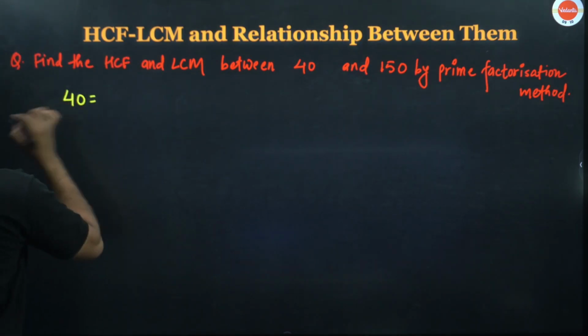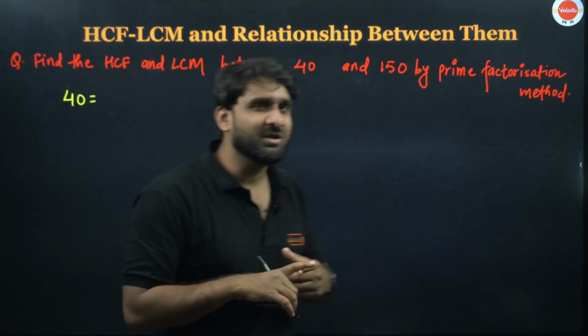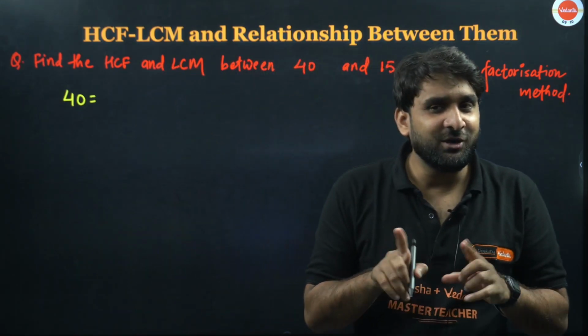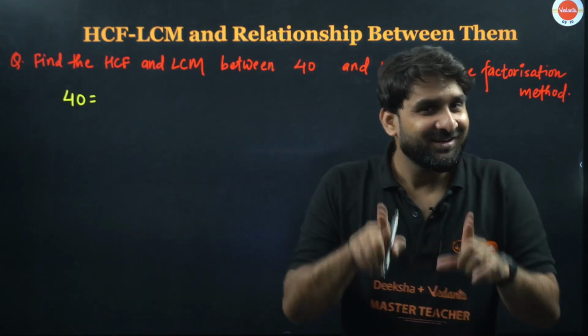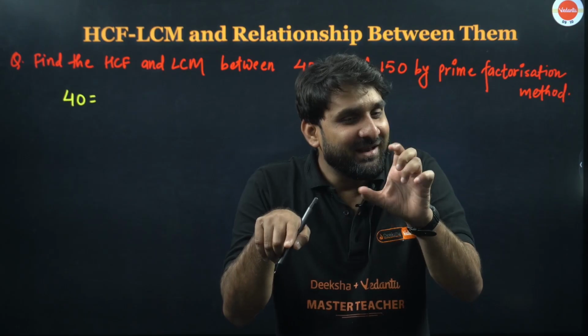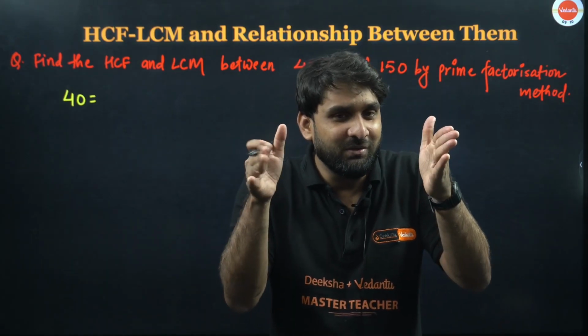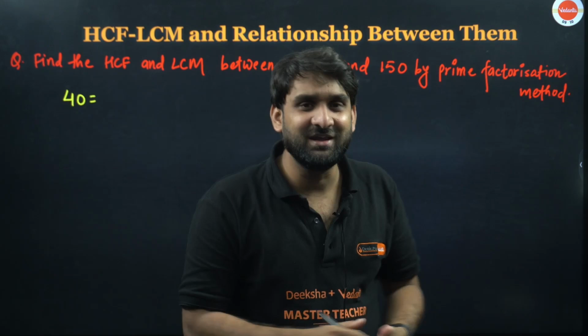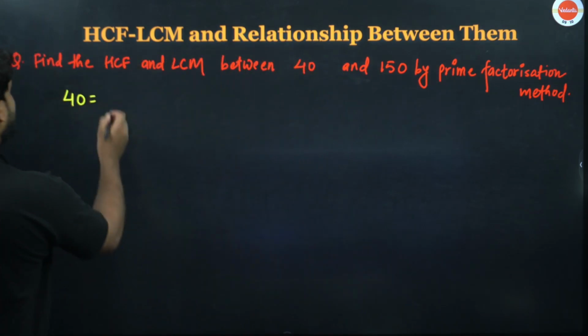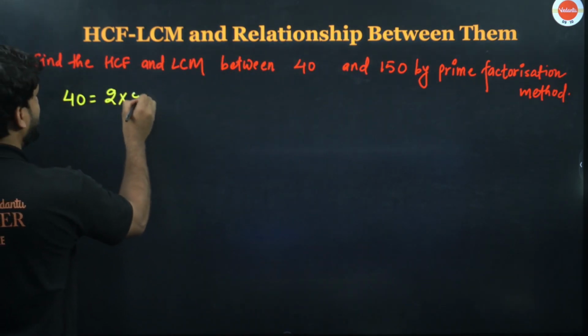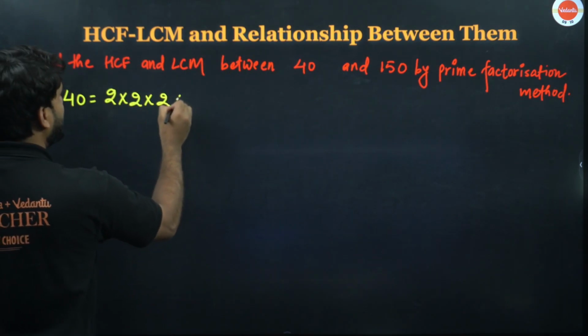Just imagine this is 40. 40 means 10 into 4, and 10 can be written as 2 into 5, and 4 can be written as 2 into 2, which is very easy, right?